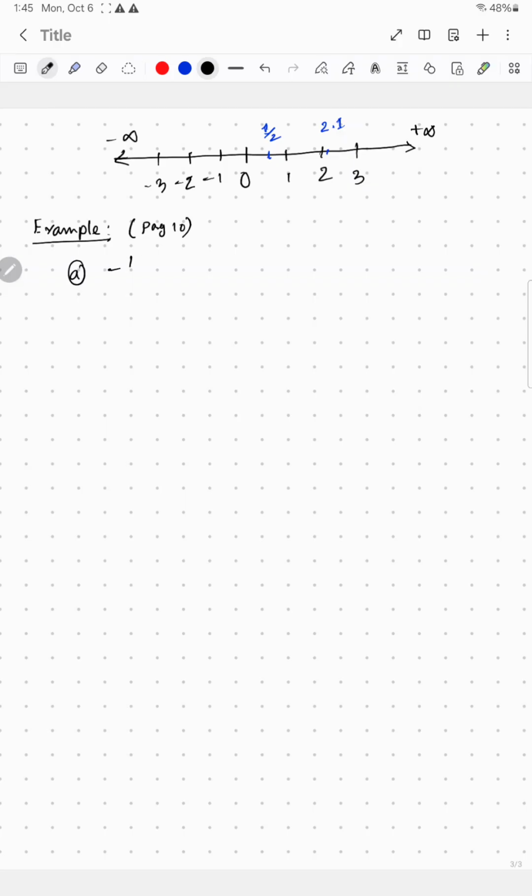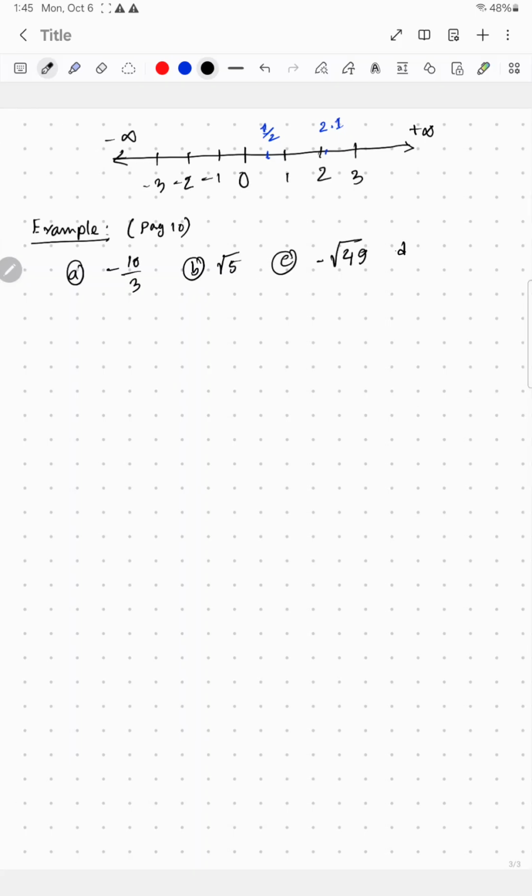A, -10/3. B, square root of 5. C, negative square root of 49. D, -6 pi.